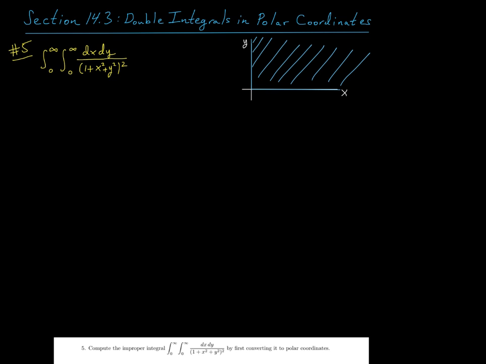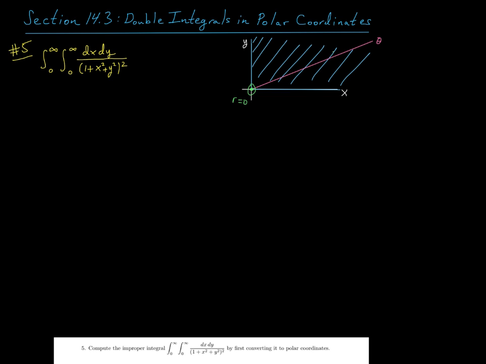Well, if I think about fixing a theta first, that's going to describe a line through the origin. So here's say a fixed theta. And r is going to vary from where to where. Well, along this ray, the low end for r would be 0.